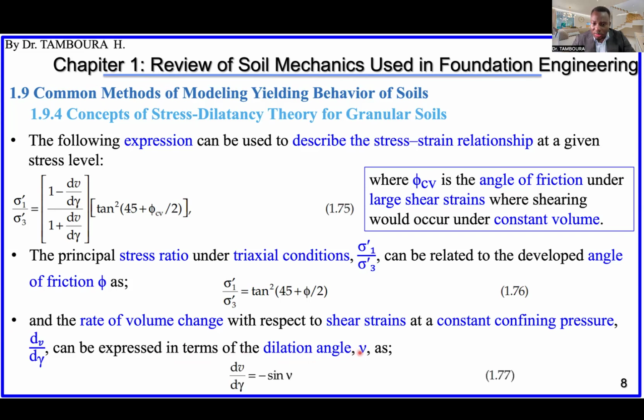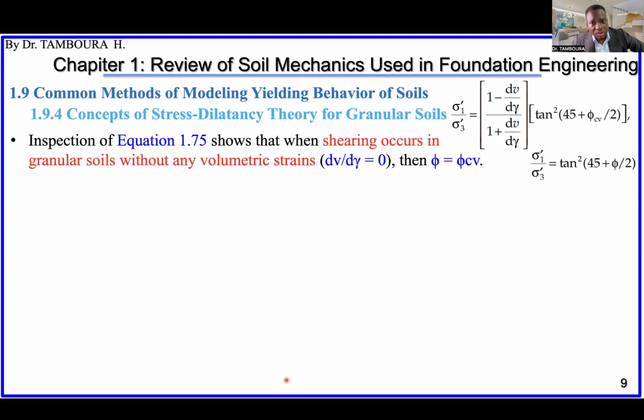We can use the correspondence between this ratio and the dilation angle. The dilation angle is just this one. So this ratio is equal to minus sine of the dilation angle. I hope you understand what the dilation angle is. So I will put these two equations here.